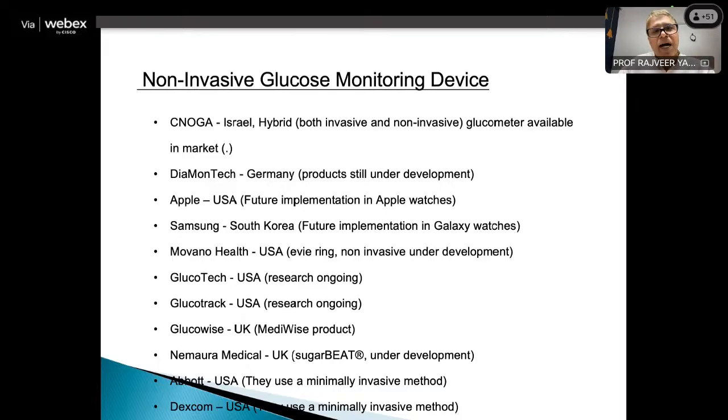They are working on the invasive method already. They have sensors, but they are now targeting non-invasive so that they can launch. But again, the FDA is a hurdle. These devices will come into market only after approval of the FDA.